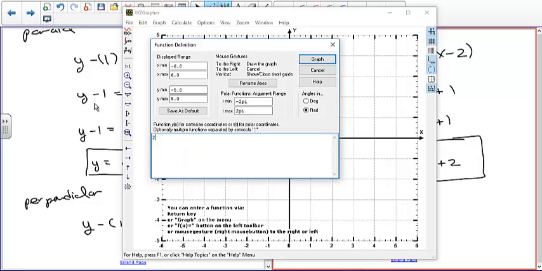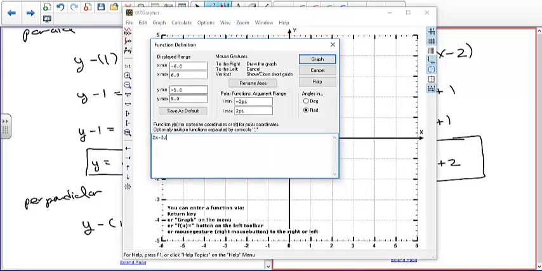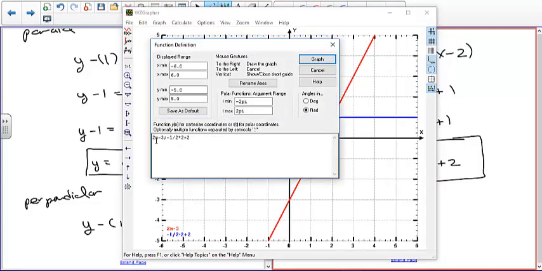So you have 2x minus 3, and the second equation is negative 1/2 x plus 2. And I've done something wrong there. What is that? Oh, this is a typo.